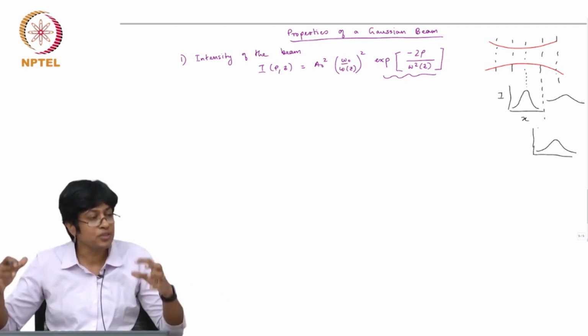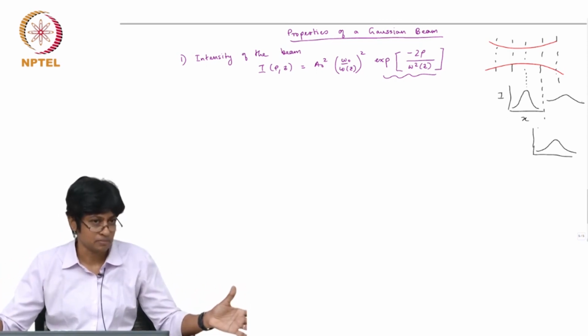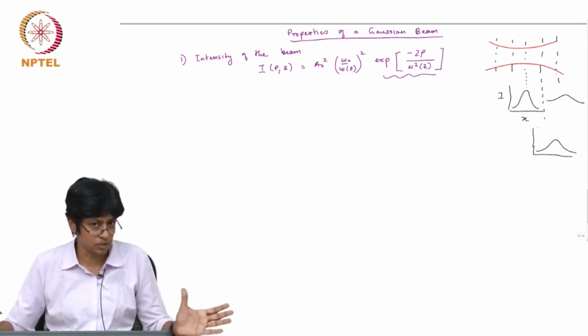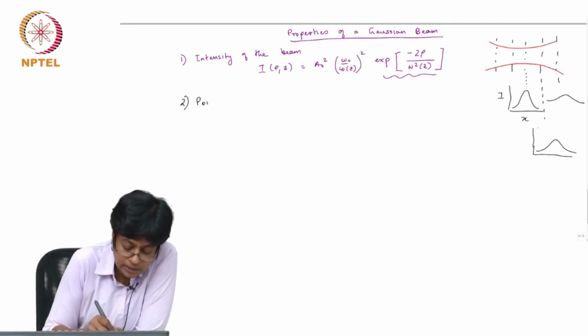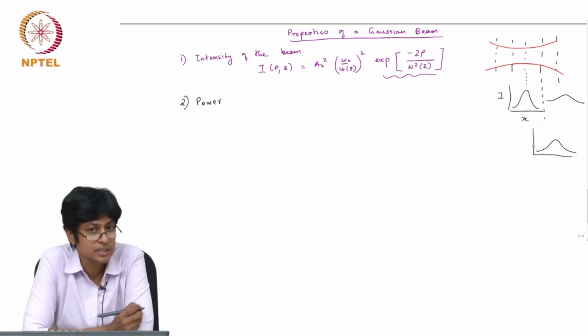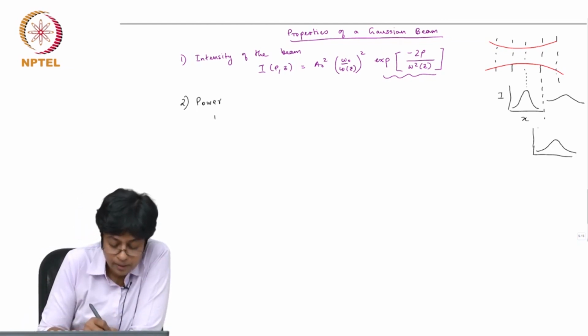But how much of the beam power lies in the extremities of the beam, right? That's what is of interest to me. So we are interested not always in intensity, but we are also interested in the power, okay?